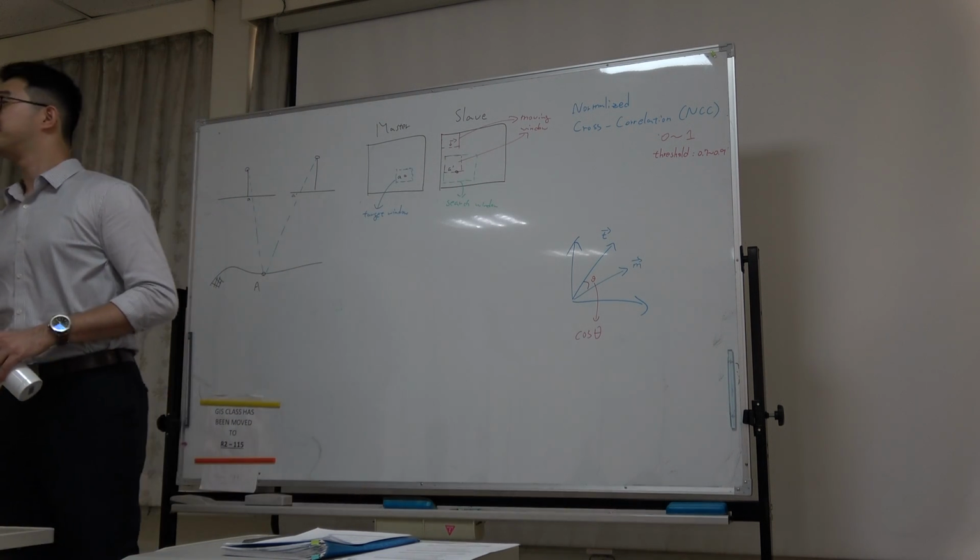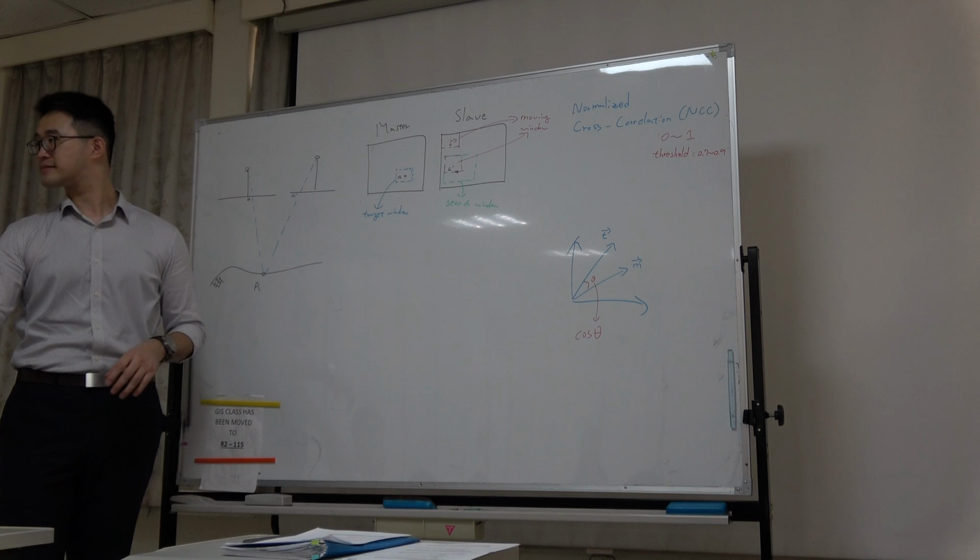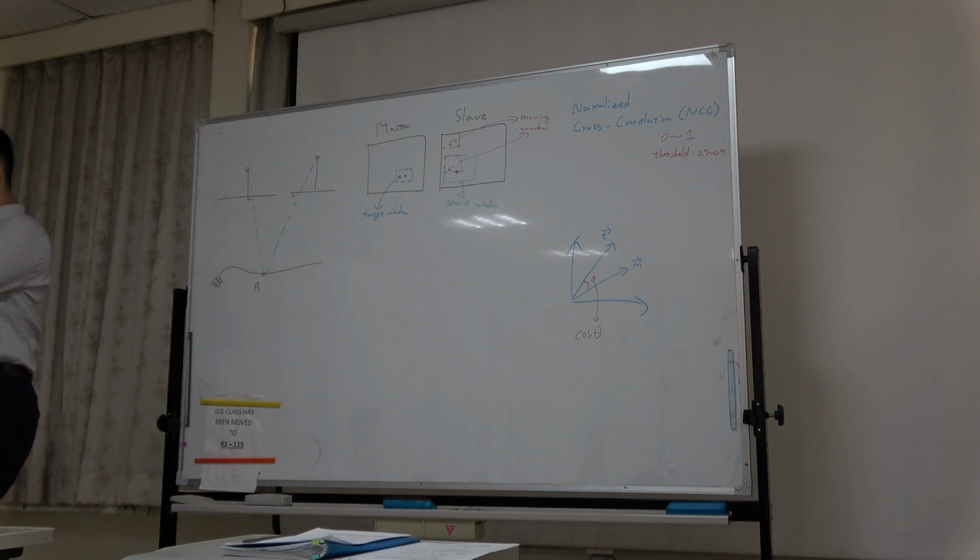So, what do you think? Maybe illumination. What do you mean by illumination? The energy received will affect the gradient, so the pixels of the window will be affected by the range of the gray values.